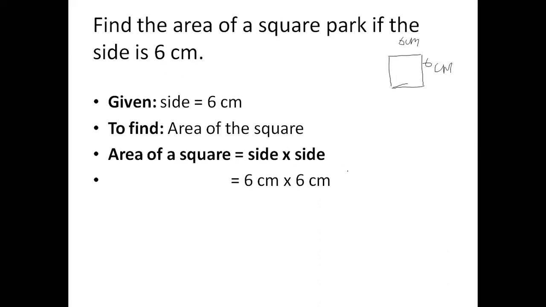Again, what I will do is I will multiply 6 multiplied by 6. 6 multiplied by 6 is 36. And then I have to also multiply the units, which is centimeter multiplied by centimeter.